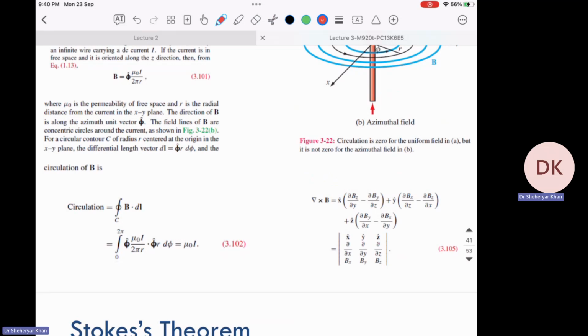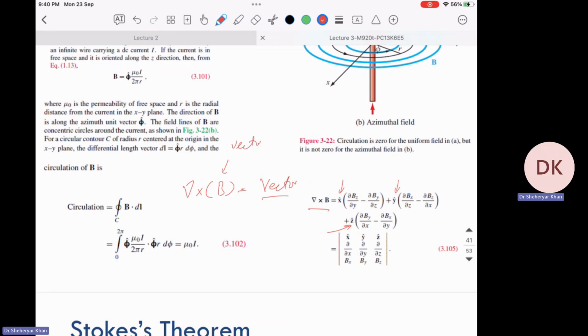The way we derive this circulation is somewhat tedious, but you should know the important property: the curl of a vector field has a vector as input and the output is also a vector, right? Because it's a vector, it has an x component, y component, and z component.